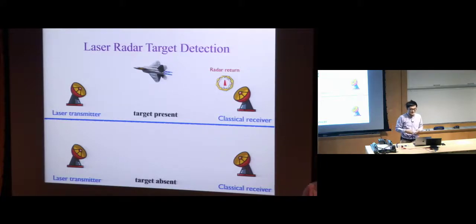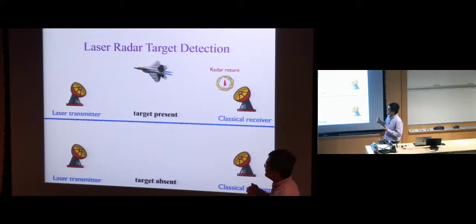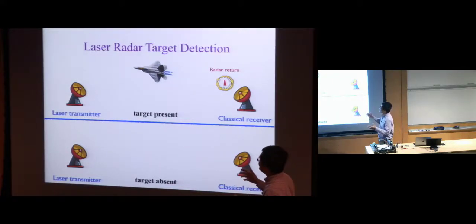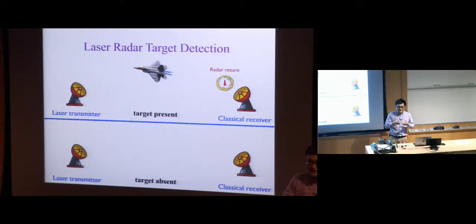This is because the environment is highly lossy, and the reflectivity of the target is also very low. But in the meantime, you're going to have a very bright noise background, so that this tiny piece of returned signal is embedded in this very bright noise background.